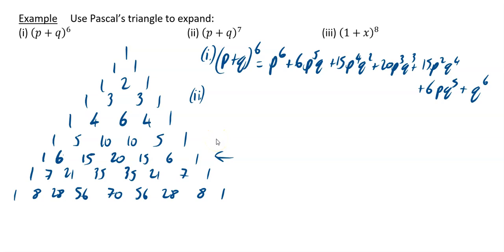Next one we'll have to do is p plus q to the power of 7, same idea. So this time we are looking at the next line down, this line here.